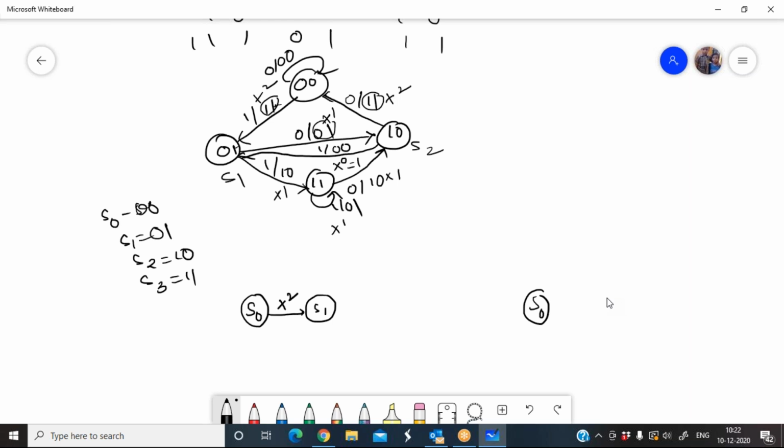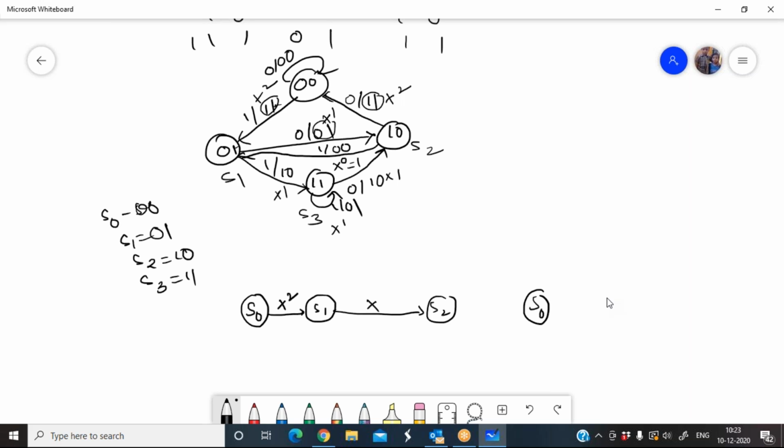S1 to S2, what is the path gain here? X power 1. So here I want to draw like this. S1 to S2, this is x power 1, that is nothing but x. Next, this is S1 actually. S1 to one path is up to S2 and another path is up to S3. S1 to S3, what is the path gain here?